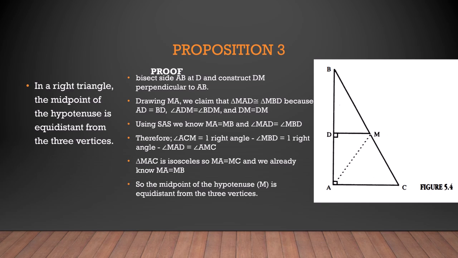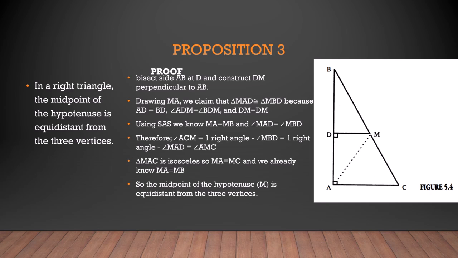Using side angle side, we know that segment MA is equal to segment MB, and the angle MAD is equal to MBD. Therefore, angle AMC equals 1 right angle minus angle MBD, which is also equal to 1 right angle minus angle MAD, again equal to AMC.